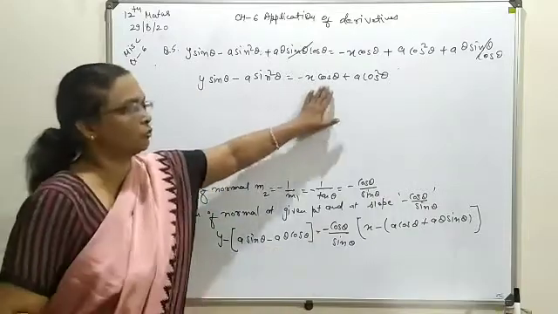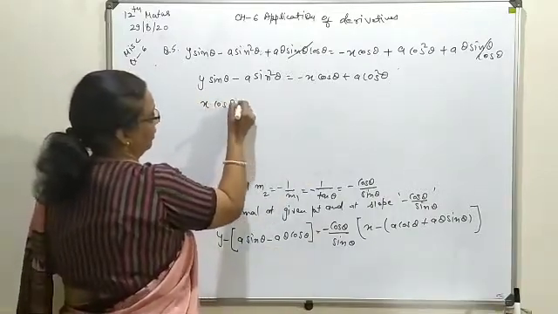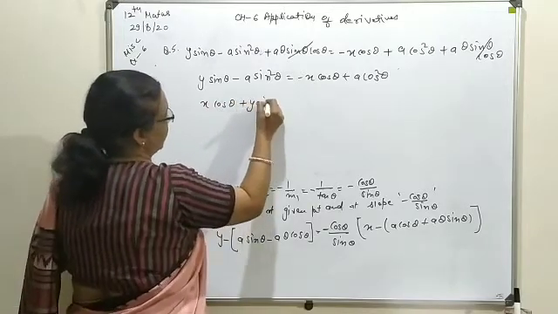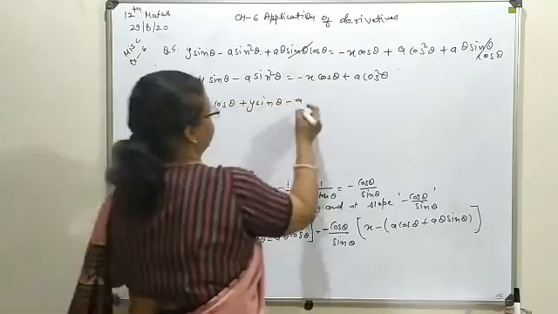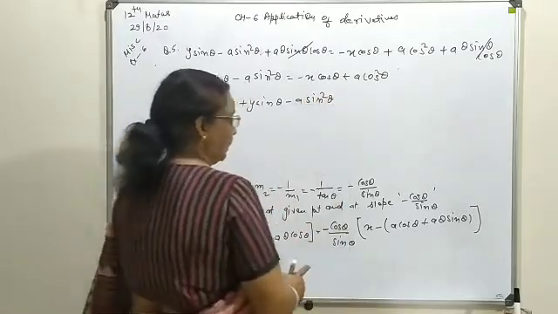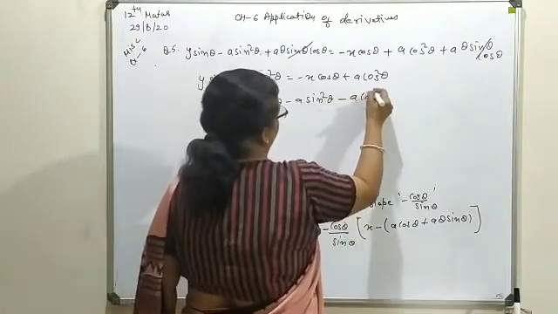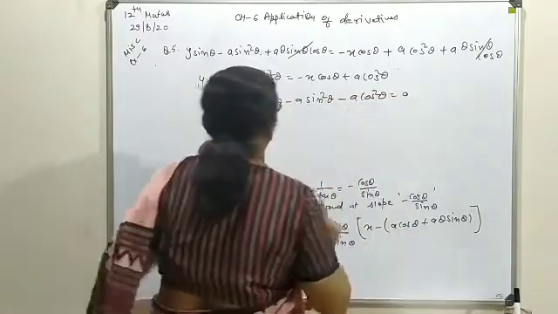Now shift these two terms to that side. That gives you x cos of theta plus y sin of theta minus a sin square theta minus a cos square theta is equal to 0.